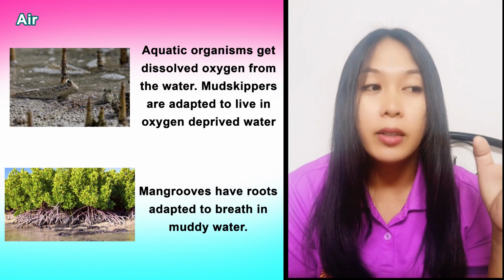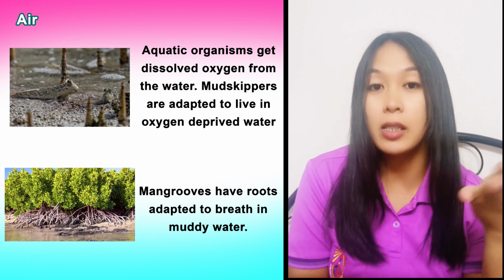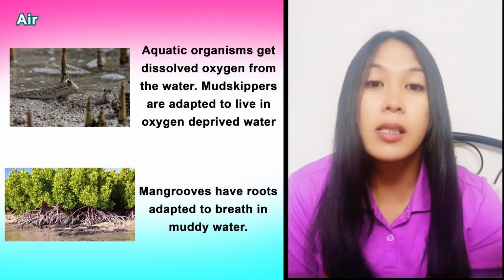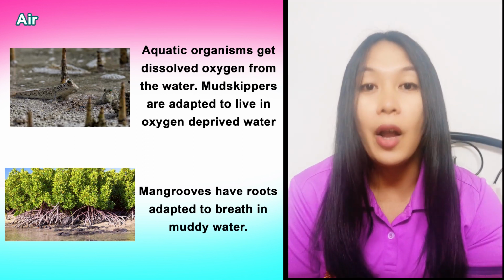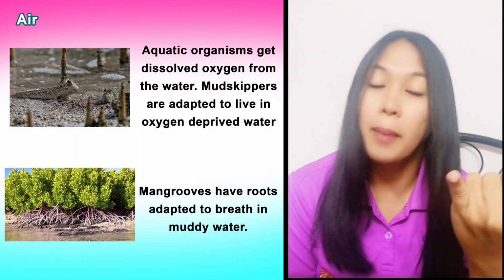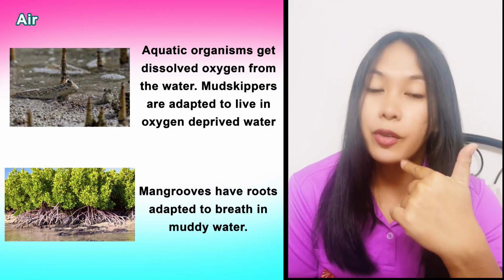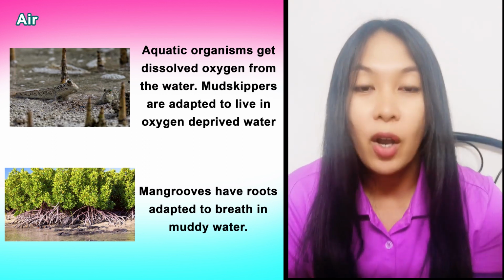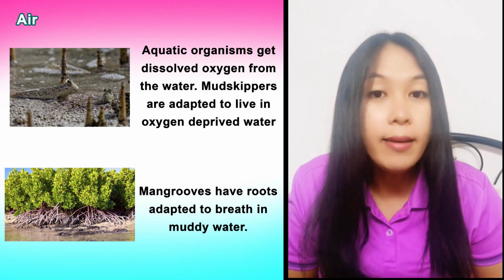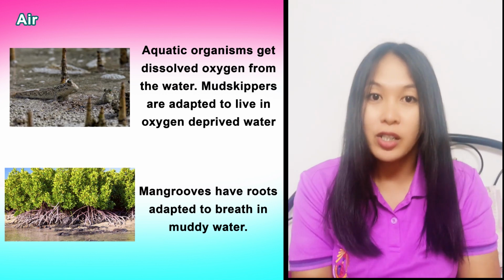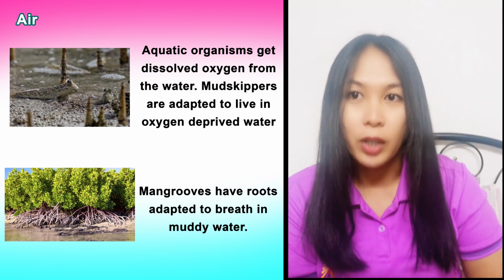It is not the form of oxygen that we inhale, but it is dissolved. So they still get oxygen underwater. Fishes, for example, use their gills to get dissolved oxygen. Amphibians use their skin to breathe the dissolved oxygen as they are in the water.